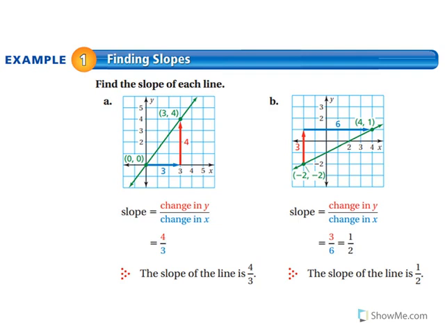So, in order to find slope, let's look at part A and part B. In part A, we're given 2 points. Our first point is at 0, 0. Our second point is at 3, 4. In order for us to find the slope, again, we're going to have to find the rise over run.